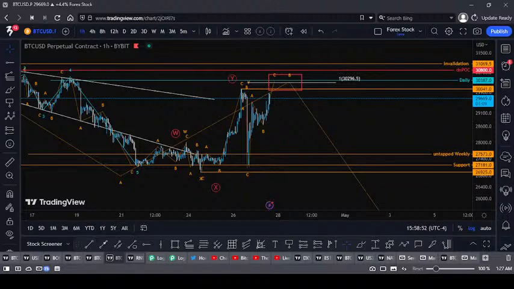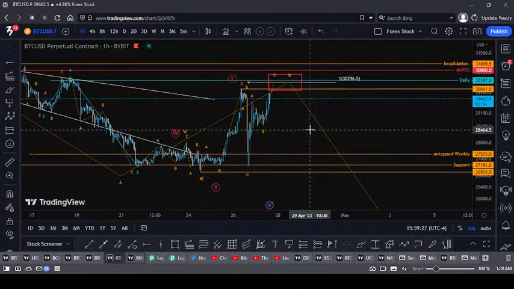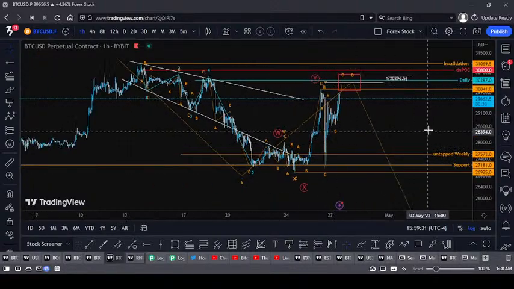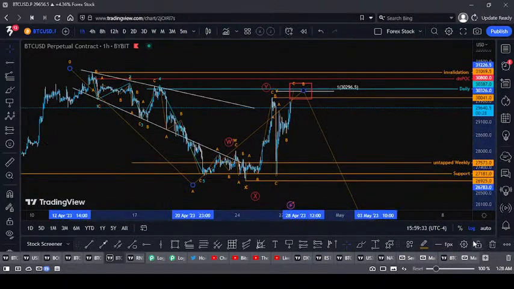So there are a lot of good entries we got for taking our longs from these prices. So we tried our best to catch this B wave. That's what I'm trying to say here.